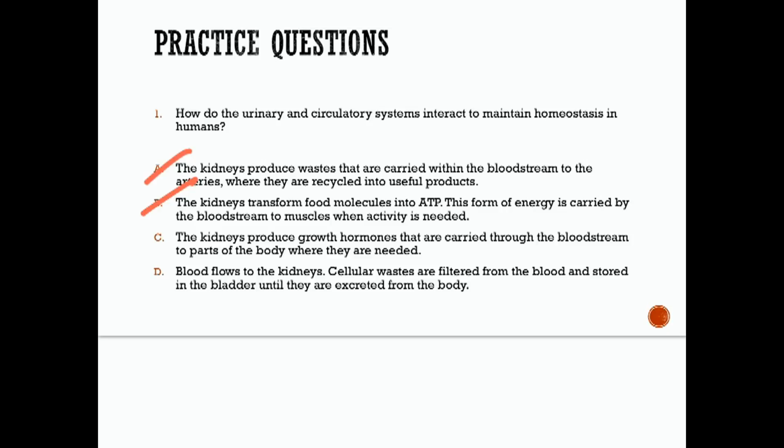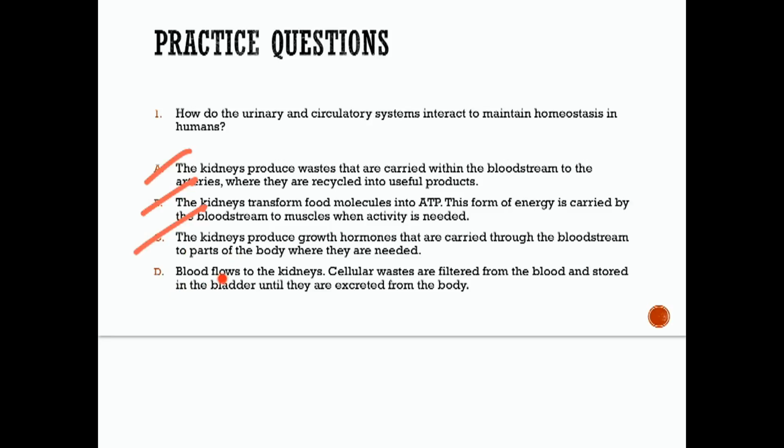So let's look at C. The kidneys produce growth hormones. Okay, growth hormones aren't really talking about urinary or circulatory systems that are carried through the bloodstream to parts of the body where they are needed. So I don't even like C. So I hope D makes sense. D. Blood flows to the kidneys. Yes, blood is circulatory.